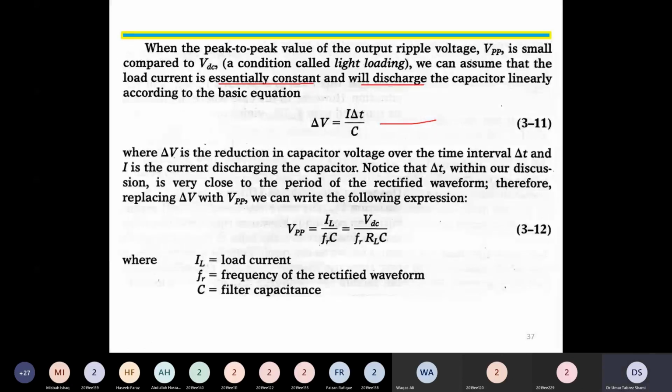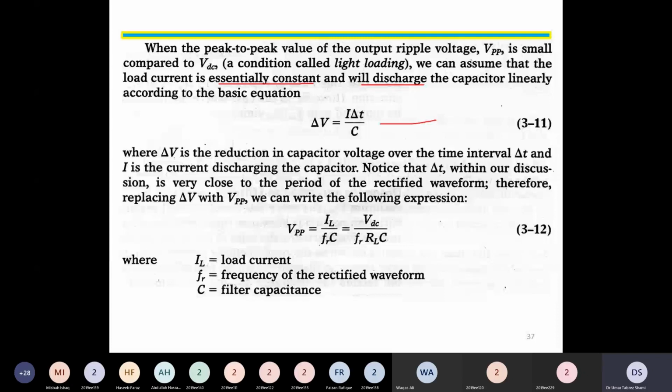Delta V is the reduction in capacitor voltage over time, that is, the ripple voltage itself. And delta T is the time during which delta V took place, and I is the current discharging the capacitor.